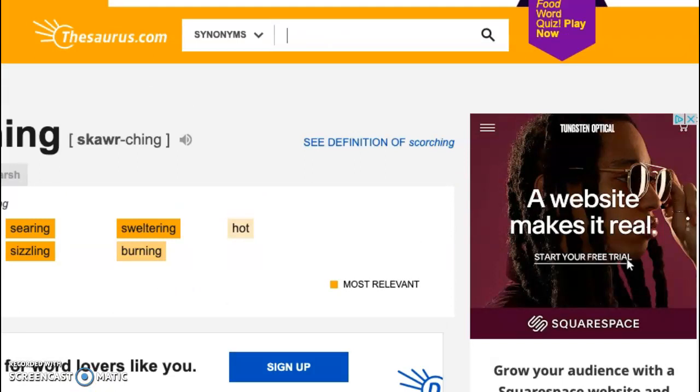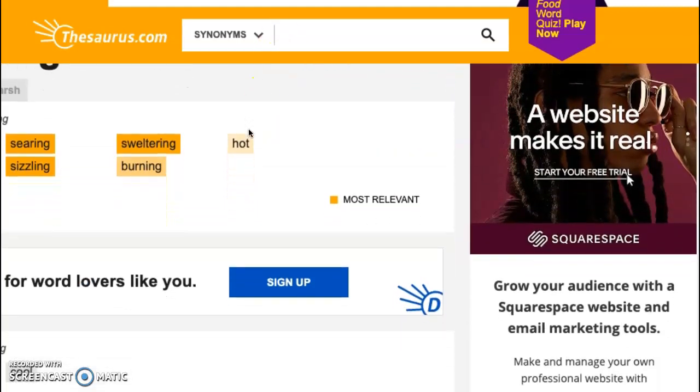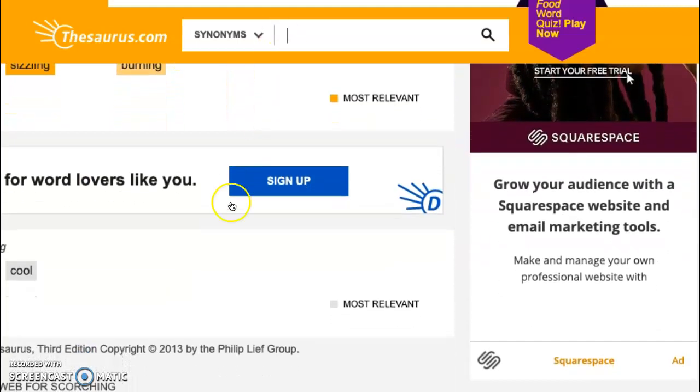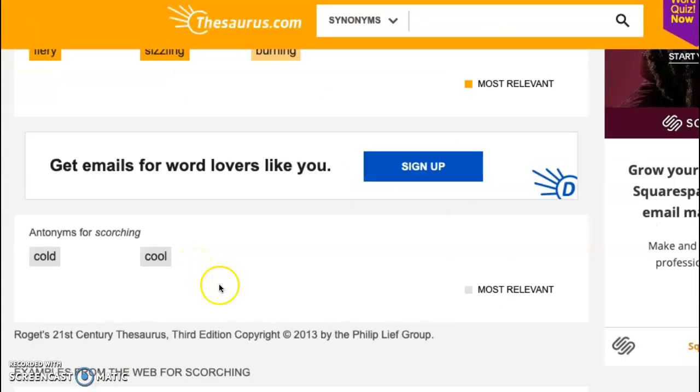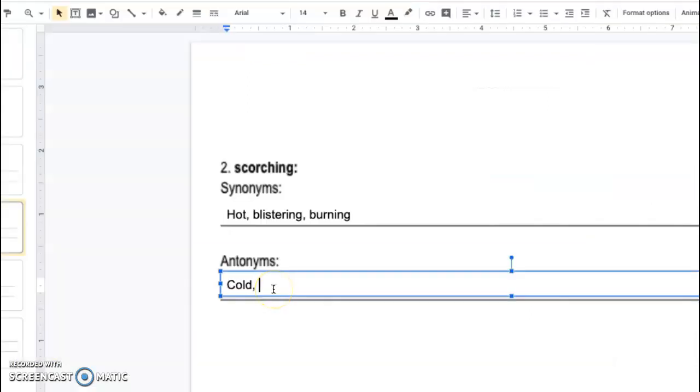Oh, we can scroll down. And right here, here's cold, which we've already done, and there's another antonym, cool. Go ahead and write that down. Cold and cool. I think it didn't say this, but we could even add freezing.